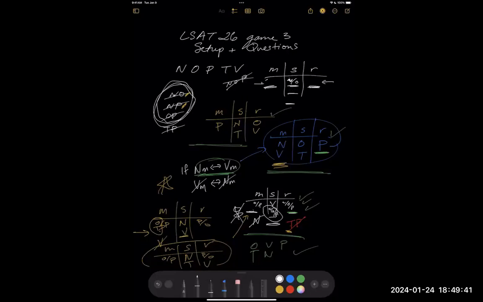And one of them will go to the movies, one of the 3 will go to the restaurant. And then T and V have to go to the soccer game. N actually won't be able to go to the movies because only one player goes to the movies. And if N goes, then V would have to go as well.